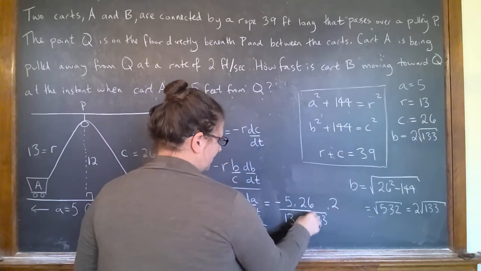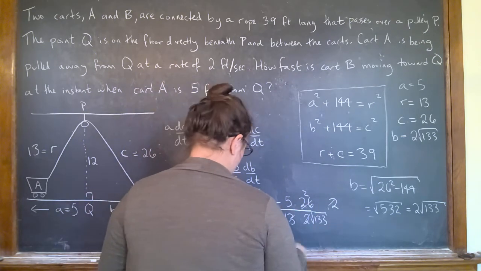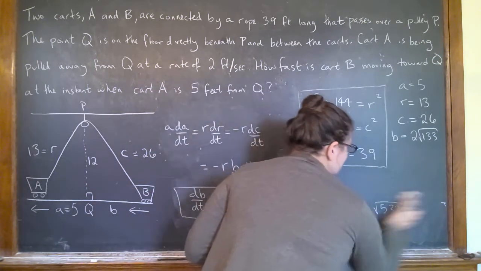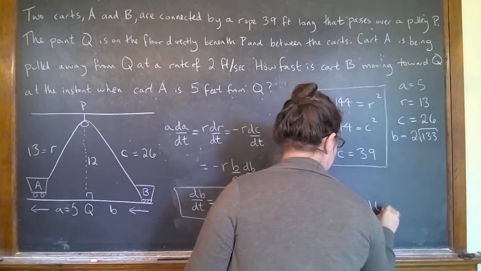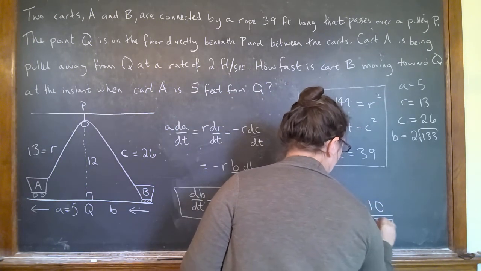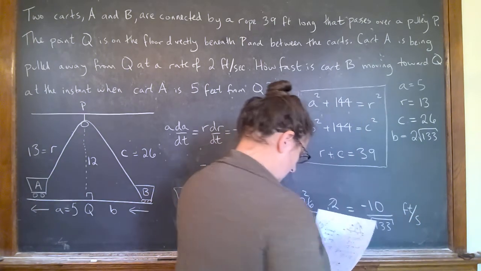Okay, so I can just simplify a little bit here, right? But it's not a really great looking number there, minus 10 over the square root of 133 feet per second.